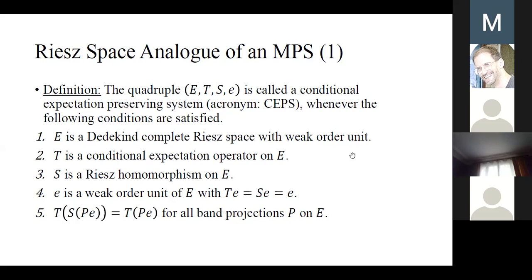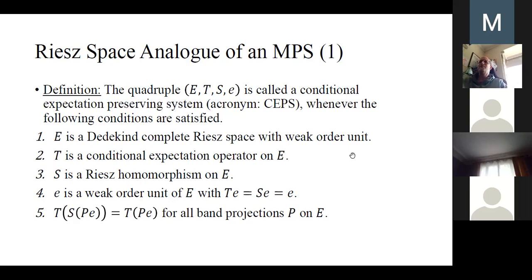I'm just wondering, we're looking at the definition of a KEF. Do we need the full strength of Dedekind completeness here? Since you mentioned that you're looking for a lot of projection bands in your Riesz space, can you just get away with assuming that your vector lattice has the projection property instead of assuming it's Dedekind complete? Yeah, you can define it all, but the problem is if you actually want to do anything with it, things get harder.